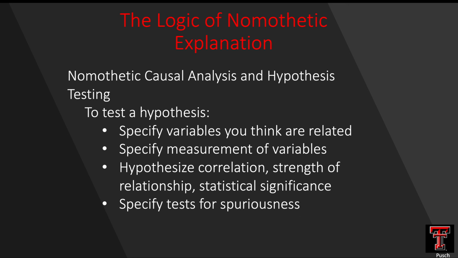And you also want to specify tests for spuriousness. If you're going to be doing a quantitative project for this class, you're going to want to say what spurious variables might be influencing this. What other explanations are there? Maybe you don't need to measure them for this project, but you want to say what could actually be causing this supposed relationship between these two variables.